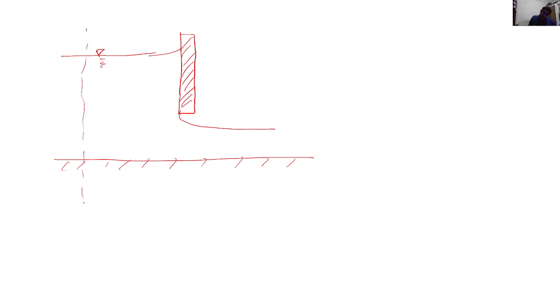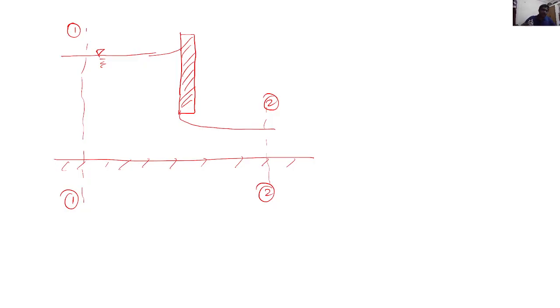This is section 1 and this is section 2, as was discussed in the question. Now let us take a control volume.